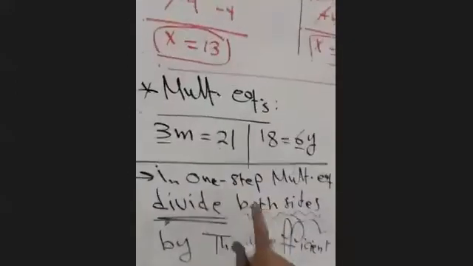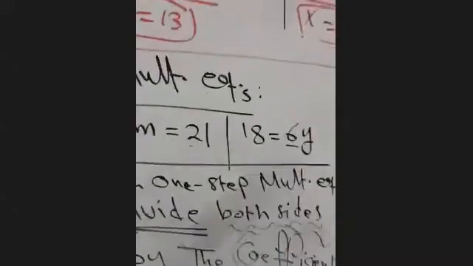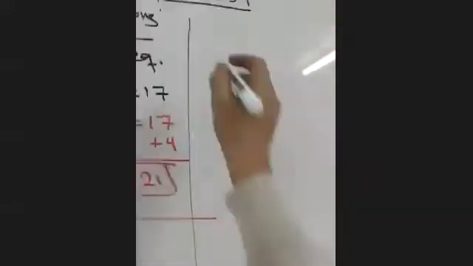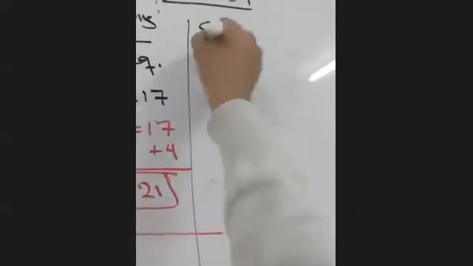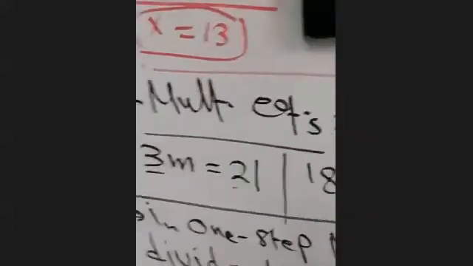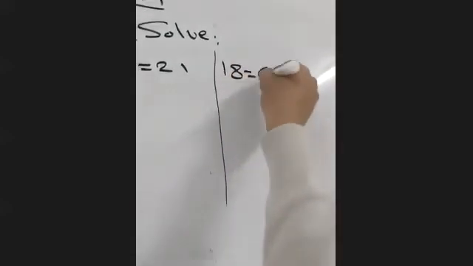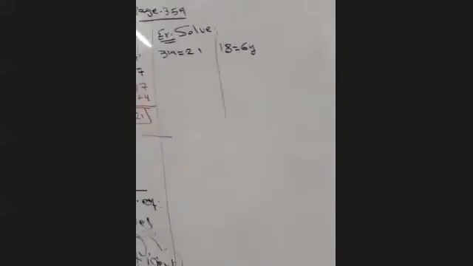Let's apply this idea on these two equations and solve them. For example, solve the following equations. The first one, 3m equals 21. The second one, 18 equals 6y. Now let's apply the idea.